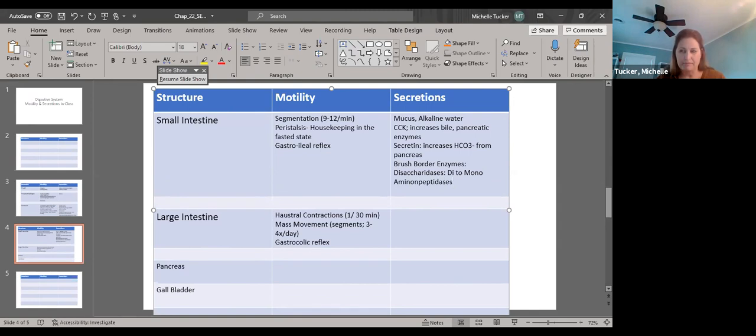And there is a bunch of these, chymotrypsin, trypsin, we'll go into those, that break polypeptides to amino acids. For the large intestine, we'll have mucus, we'll have vitamin K that is produced by bacteria, and then also some bicarbonate.